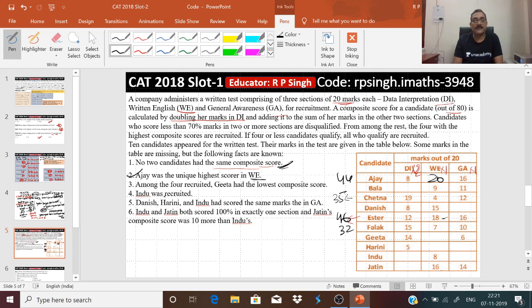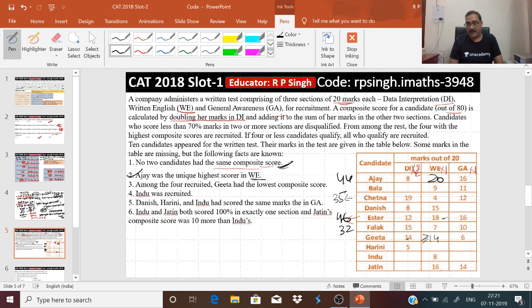The condition is used. Among the four recruited, Geeta had the lowest composite score. Geeta recruited means definitely Geeta's score in written English is more than 14, otherwise she will not be selected, because minimum 2 subjects में 70% plus score होना चाहिए. It is greater or equal to 14, right guys?